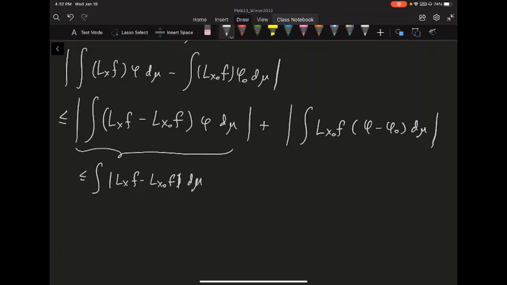That's just the one norm, and we know this one norm is less than epsilon over 2. And the second one, by our choice of W, this neighborhood of phi 0, we know is also less than epsilon over 2, so everything is less than epsilon. Okay, so we finish the proof.